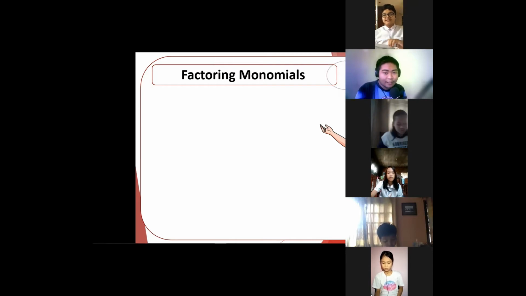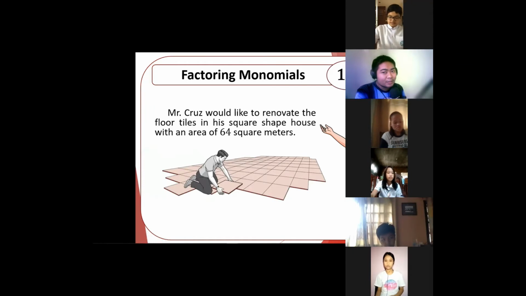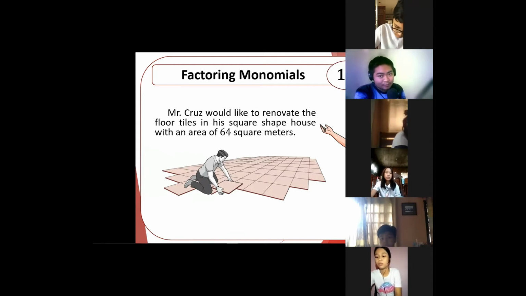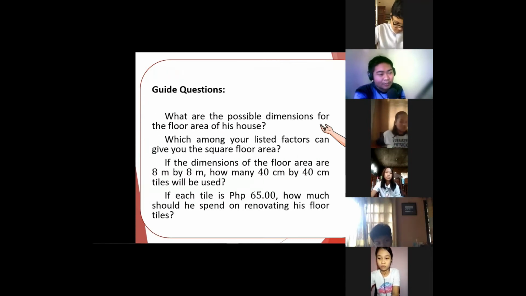So we have here factoring monomials. Mr. Cruz would like to renovate the floor tiles in his square-shaped house with an area of 64 square meters. What are the possible dimensions for the floor area of his house?